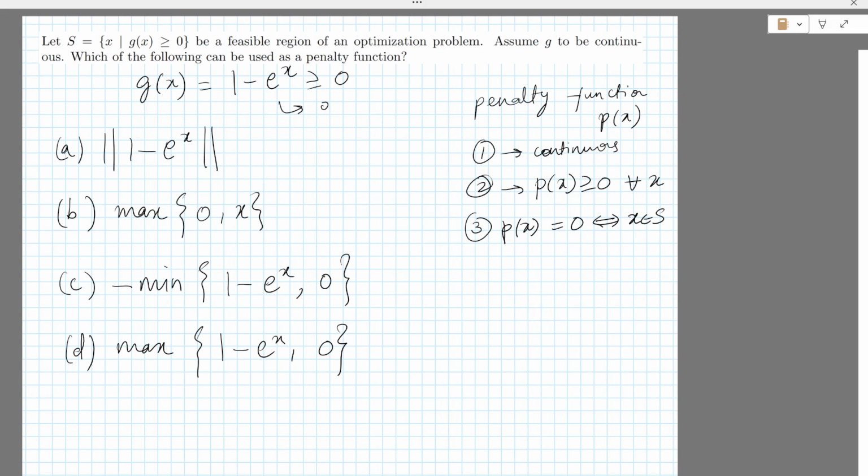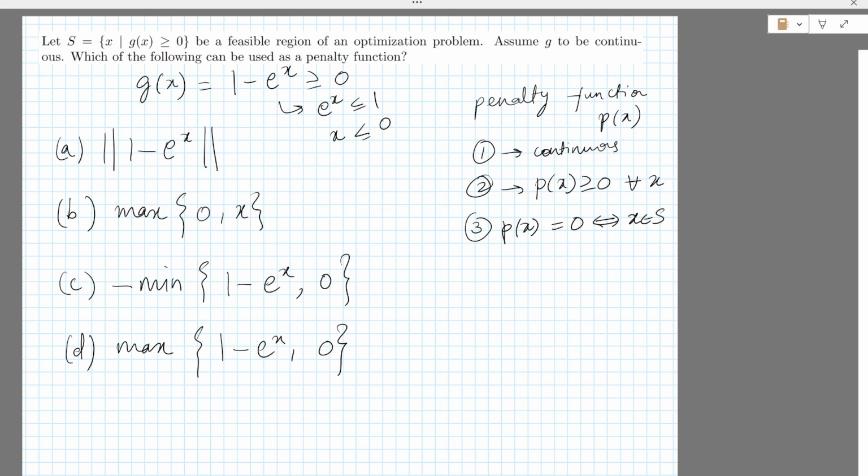This means e power x should be less than or equal to 1. That is only the feasible set, and we are to add something to this function. We are trying to minimize the function, so anything we add out here has to be a positive number. Then it is a good penalty function, right?